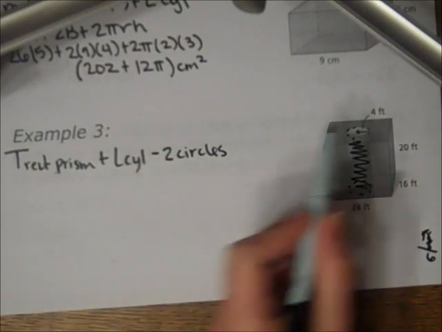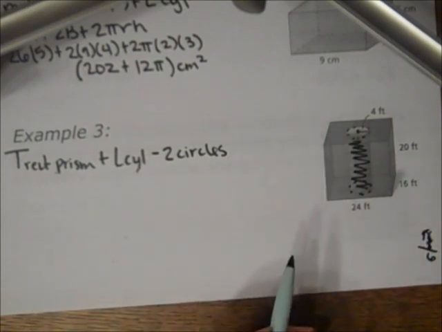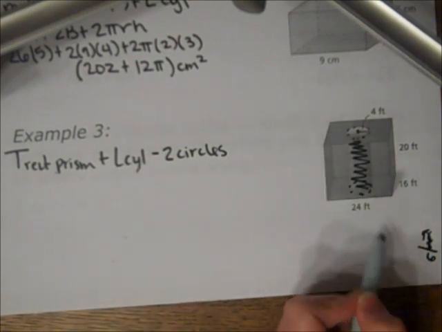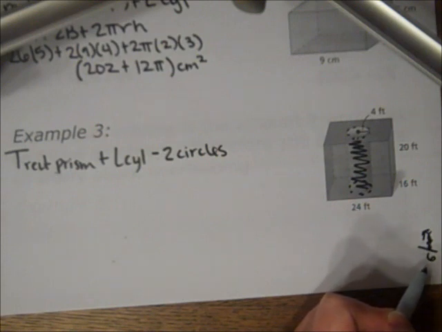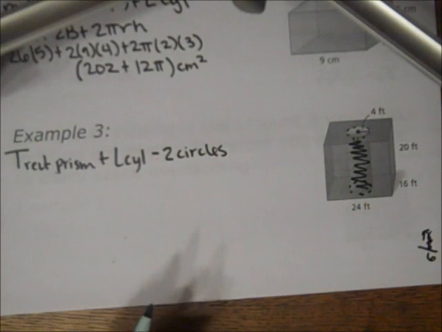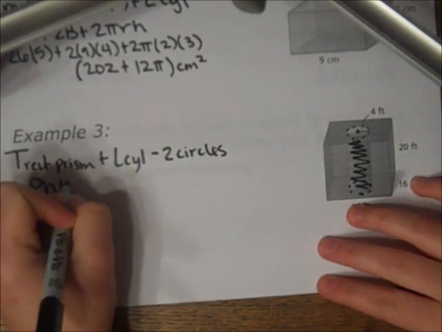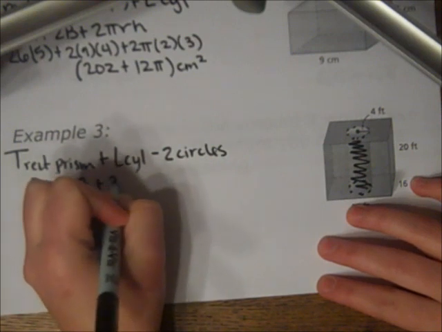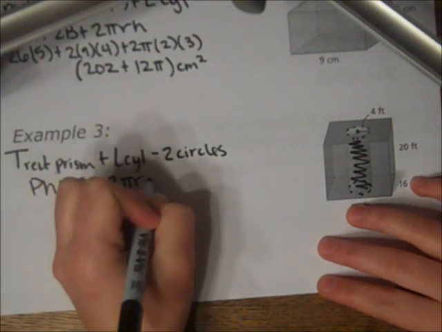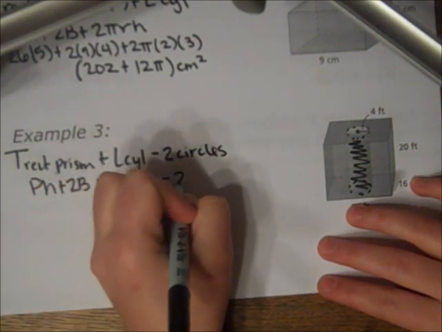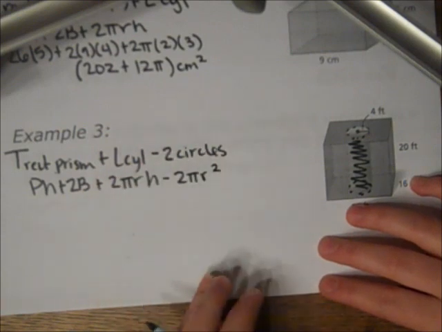It's not from the cylinder, it's from cutting a hole in the rectangular prism. So hopefully this plan makes sense to you, because the plan's the new part. This part is all what we've been doing. So perimeter times height plus 2B plus 2 pi r h minus 2 pi r squared.